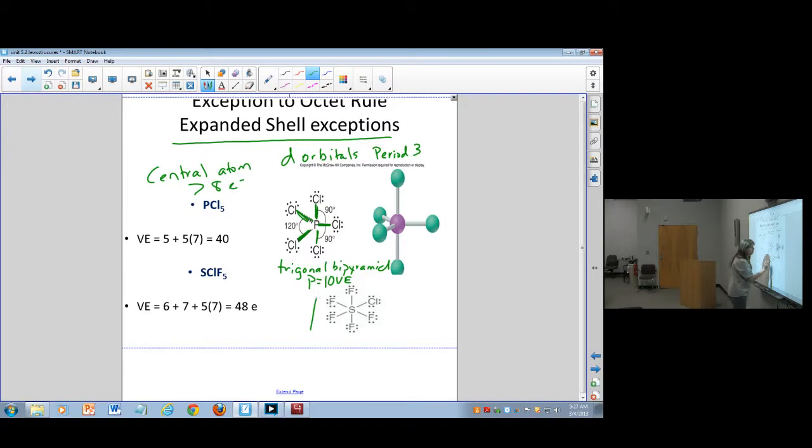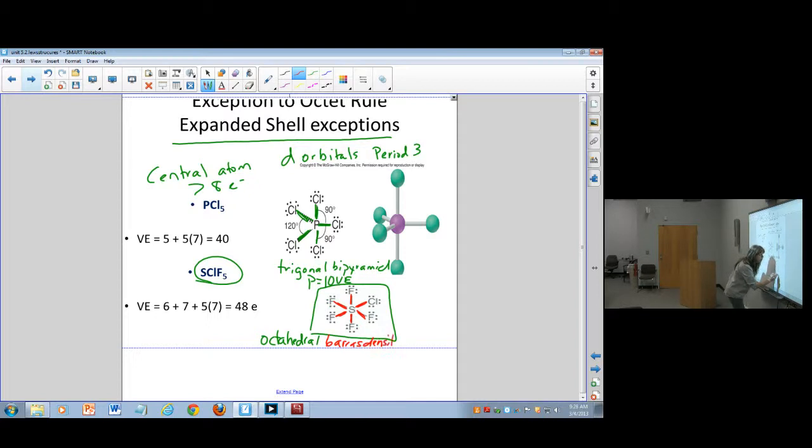And then for sulfur, in this case, SF with 5 Fs, this is an octahedral. There are 1, 2, 3, 4, 5, 6 bonds, or 6 areas of density around that central atom.